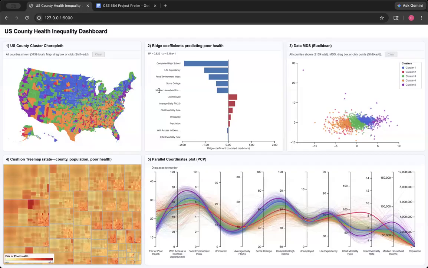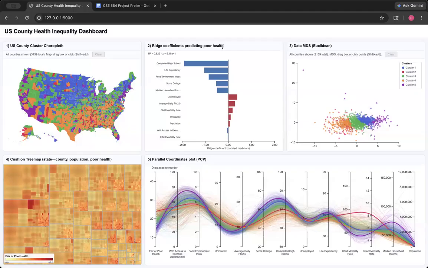And coming to the second visualization. Since I'm focusing on the poor health outcomes, I have used the poor health variable as a target, and I wanted to check how much predictive power each other variable has on this variable. So I trained a ridge regression model taking all other numerical variables as inputs, and I'm predicting the poor health variable.